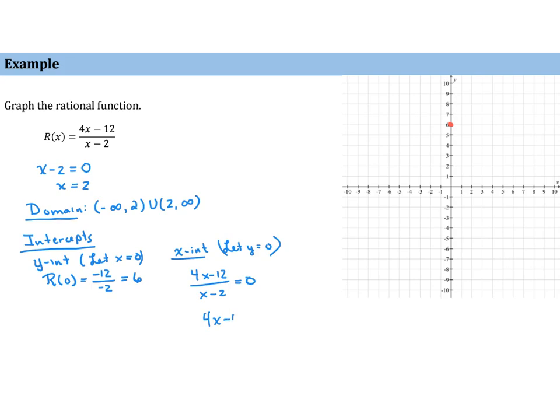We get 4x minus 12 equals 0, or simply x equals 3. We check to make sure x equals 3 is in the domain of our function, and it is. So that is our x-intercept. And you'll notice that the multiplicity of that is 1, so we're going to cross there.